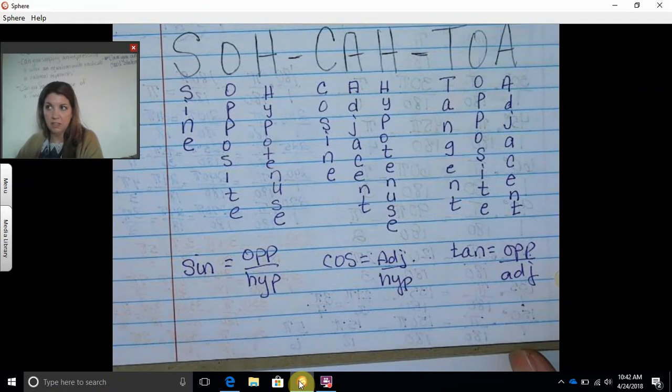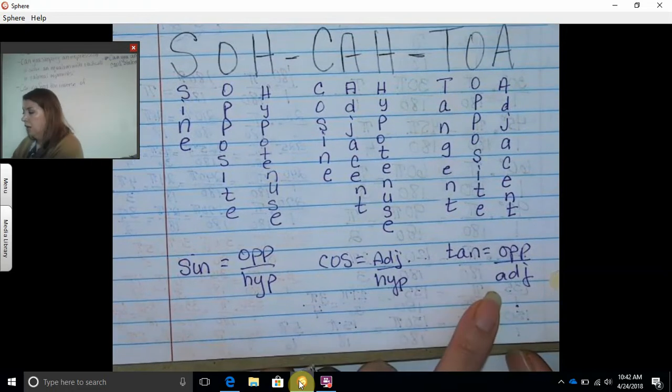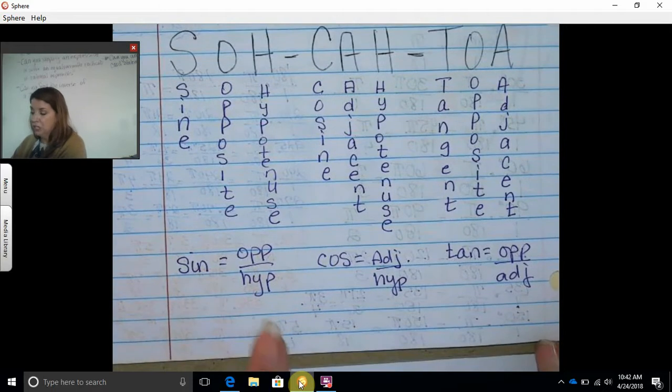So we're going to find the ordered pairs for every degree or radian of that whole entire unit circle. And we don't have to use tangent in the unit circle. But for SOHCAHTOA, you have to write tangent down, and if it asks you to find a tangent, that's how you find it. But for the unit circle, we only need sine and cosine, okay?